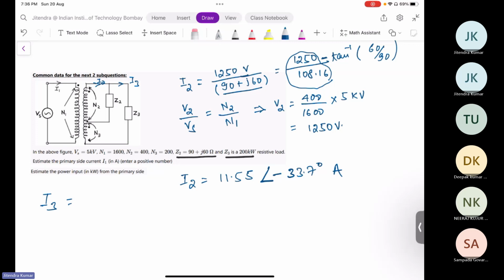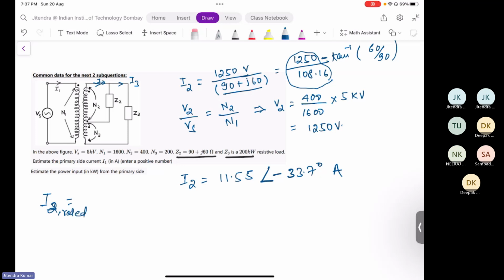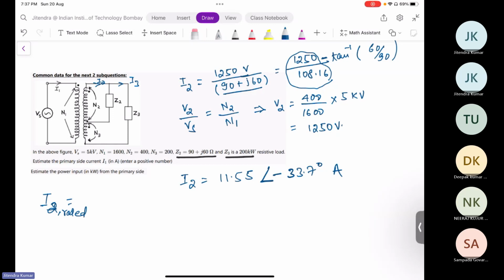Okay, rated current of the second winding and then subtract I2 from that. Yeah, that is correct. Let us go ahead with it. So I2 rated. For that, you need to compute I1 rated. How to compute I2 rated?